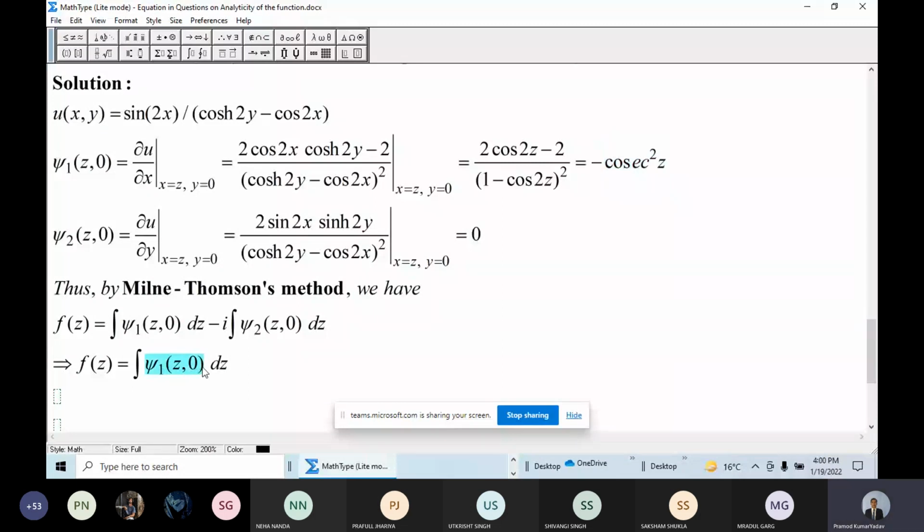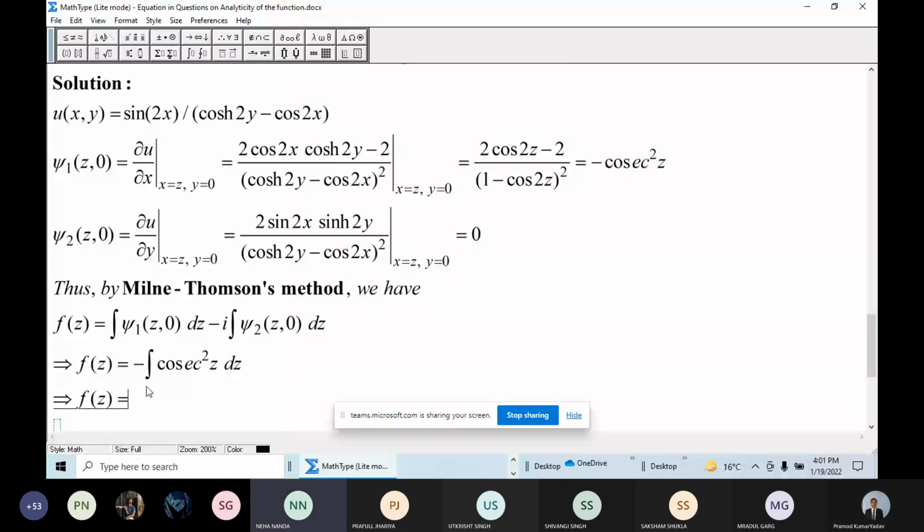What the integration of this one? This implies f(z) is equal to, anyone? What the integration of cosec square z?